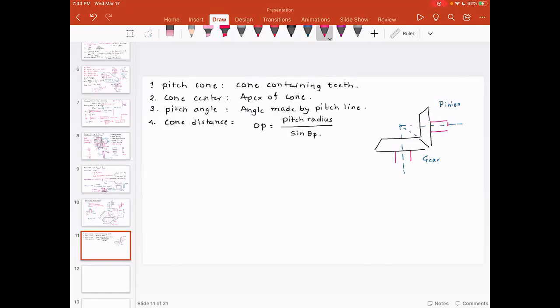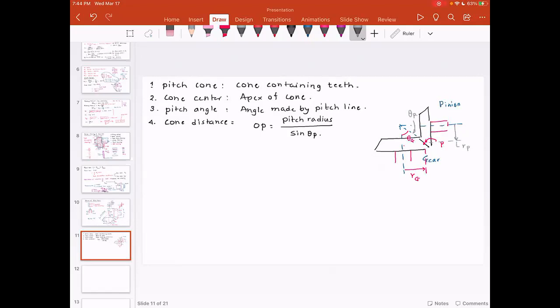This point is called point P. This angle is theta G, and this distance is RG. Similarly, if you look at the pinion, this is RP, and this is theta P.